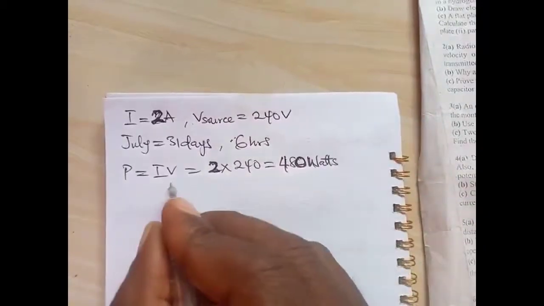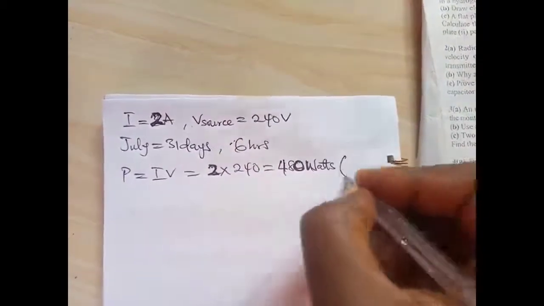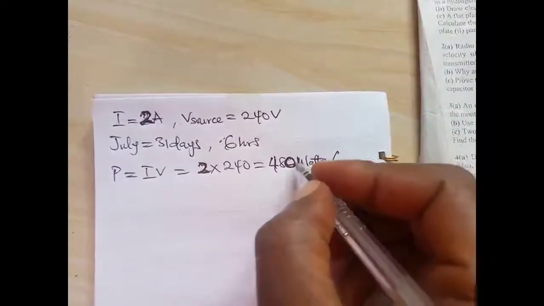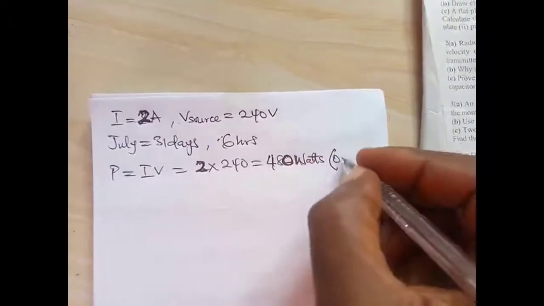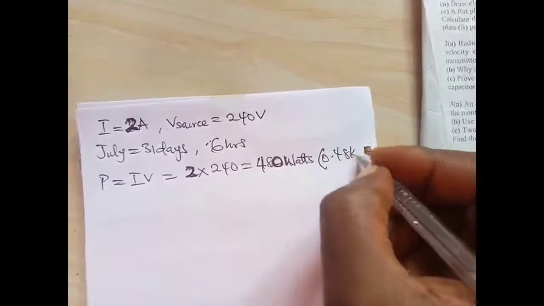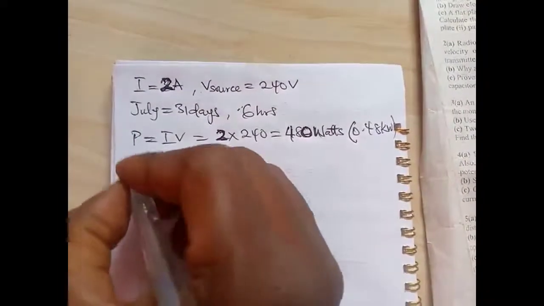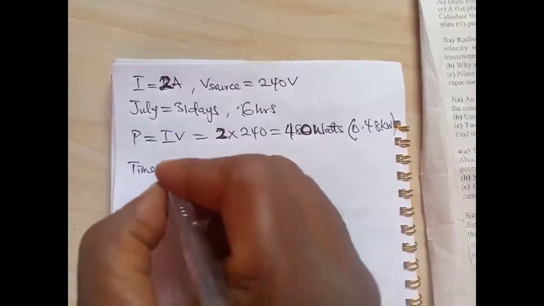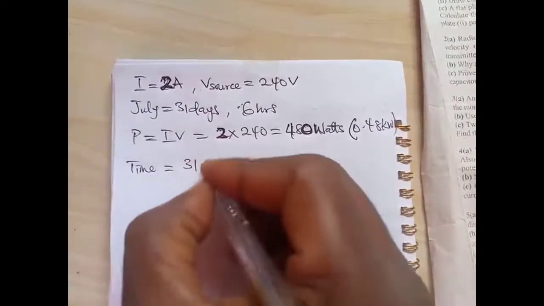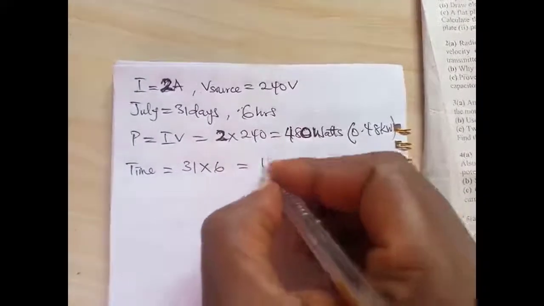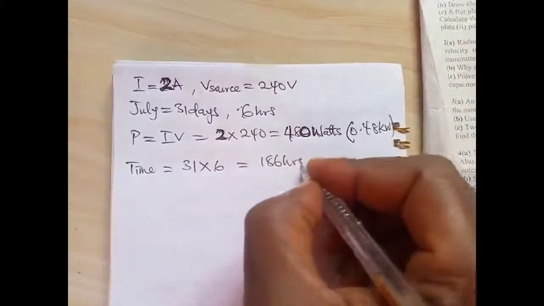But for the purpose of this topic, it will be in kilowatts, which means we are going to divide by 1000, which is 0.48 kilowatts. So the time is 31 days times the 6 hours daily, which will give us 186 hours.